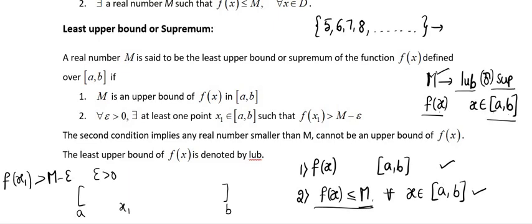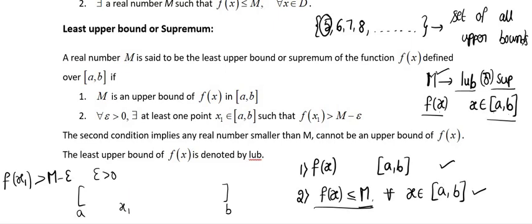Now this set is set of all upper bounds. In this upper bound set, we can easily find least one, that is called least upper bound or supremum.